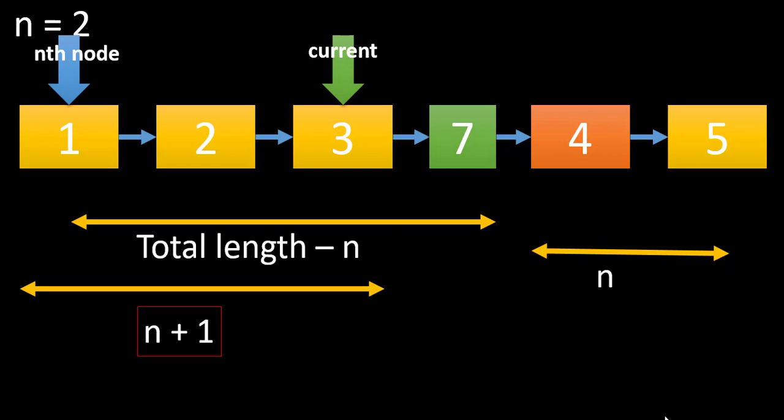Then we have our nth node, and then we will move both the current and the nth node till the current node is null, and then the nth node will be pointing to the node whose next node needs to be deleted. So we will delete that by updating the pointers. Now you must be wondering that we are still using 2 loops, so it is not 1 pass, but as we are iterating this linked list only once, it is a 1 pass algorithm.